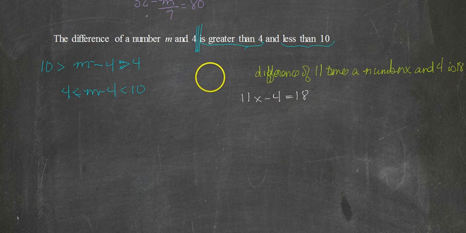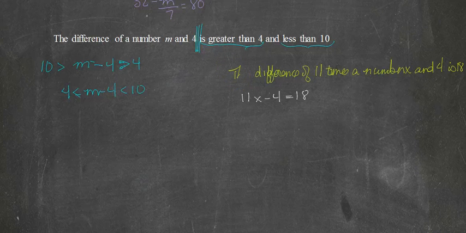I would just say the difference of 11 times the number x and 4 is 18. Okay, but we were lucky they gave us the equation, and so we can slam straight ahead.